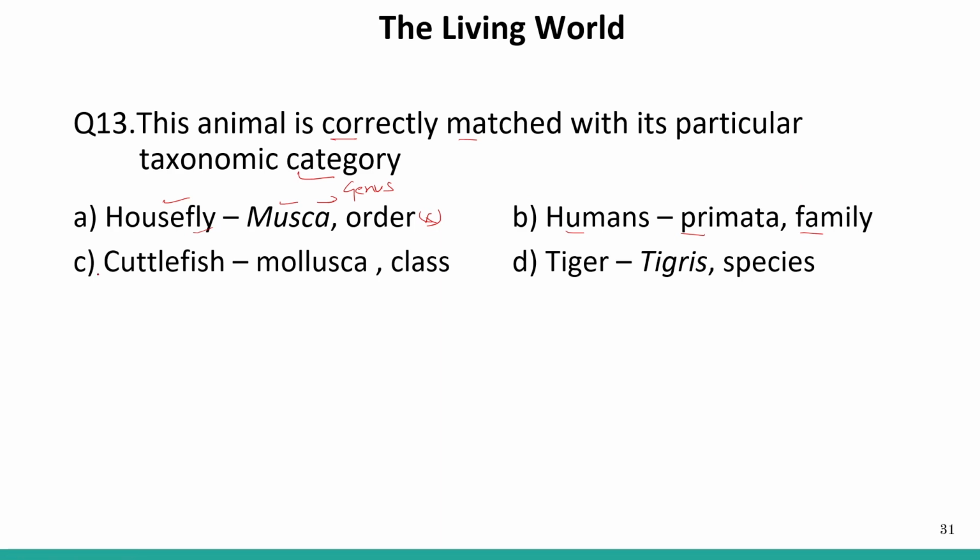Option C is cuttlefish, mollusca and class. And then the last option is tiger, tigris and species. So now we have to select which is correctly matched. Alright. So what should be the answer? Option D is the correct answer. Rest are not correct.